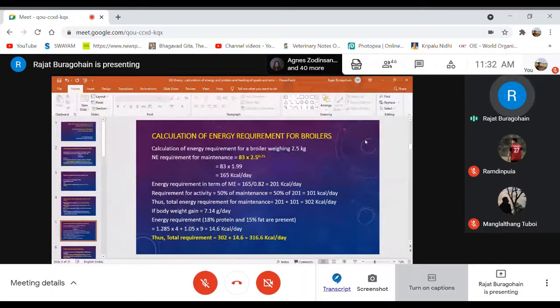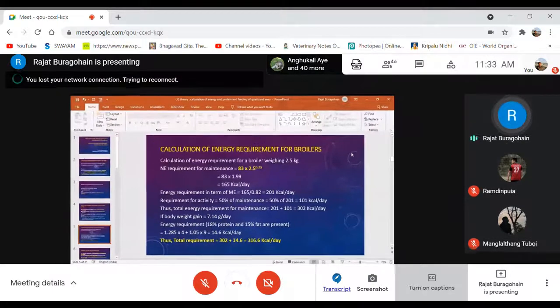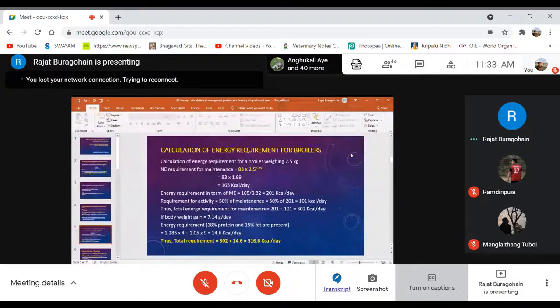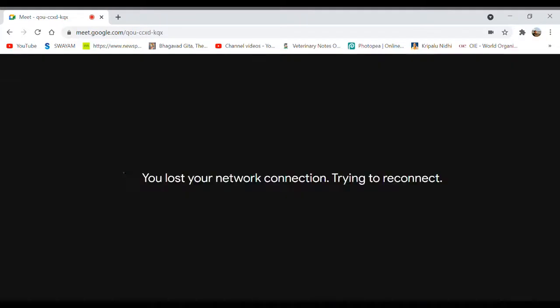And it is like 7.14 gram per day. Energy requirement, this also we can calculate.